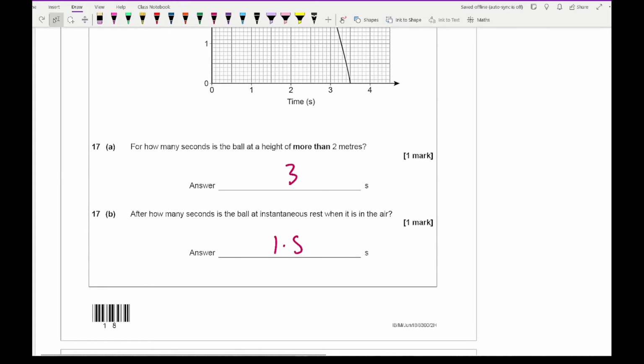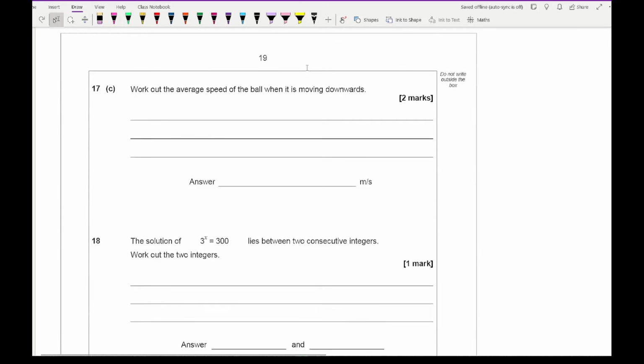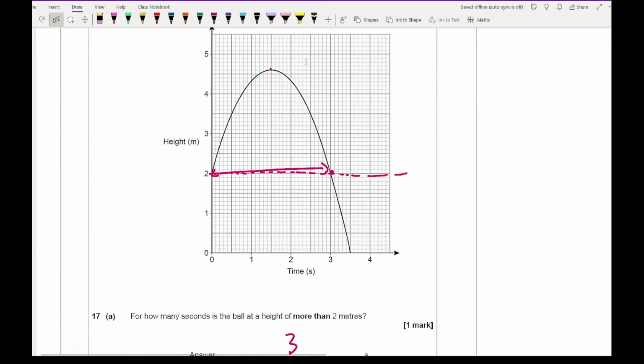The next question says work out the average speed of the ball when it's moving downwards. What we need to do here is work out the gradient from when it's at its highest to when it's at its lowest. If I call this point A and mark down the points, which is 1.5 and 4.6, and this B value, which is at 3.5 and 0.